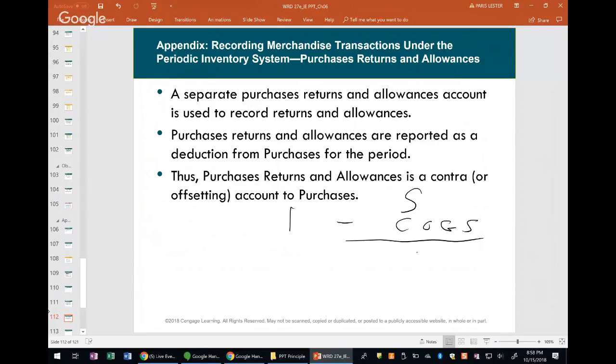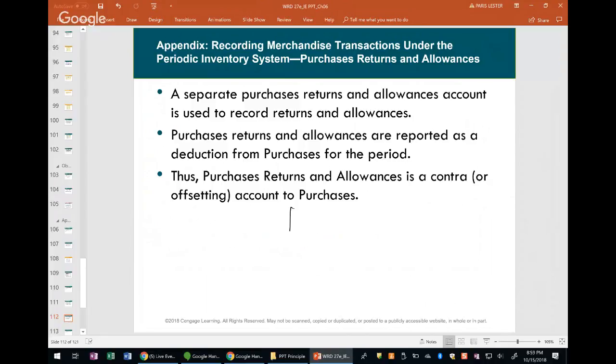That gives you gross profit. Now that's your new income statement under either one of these methods. Minus operating expenses gives you net income. That's under either method.